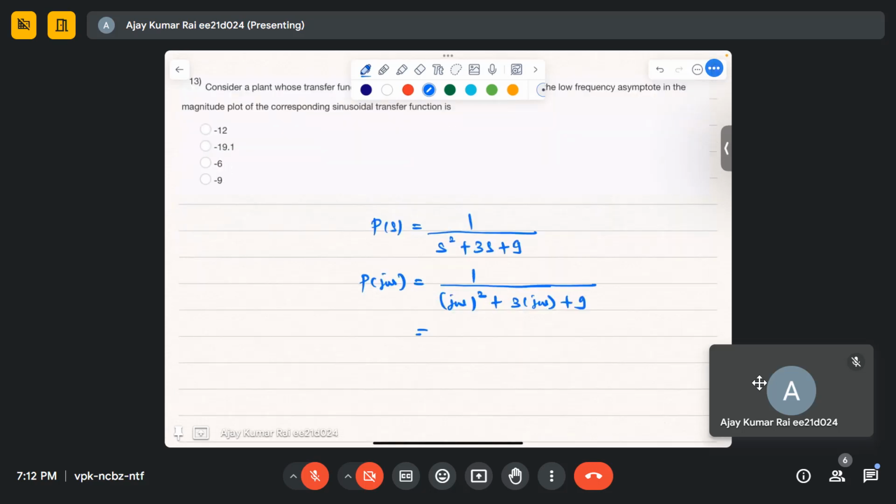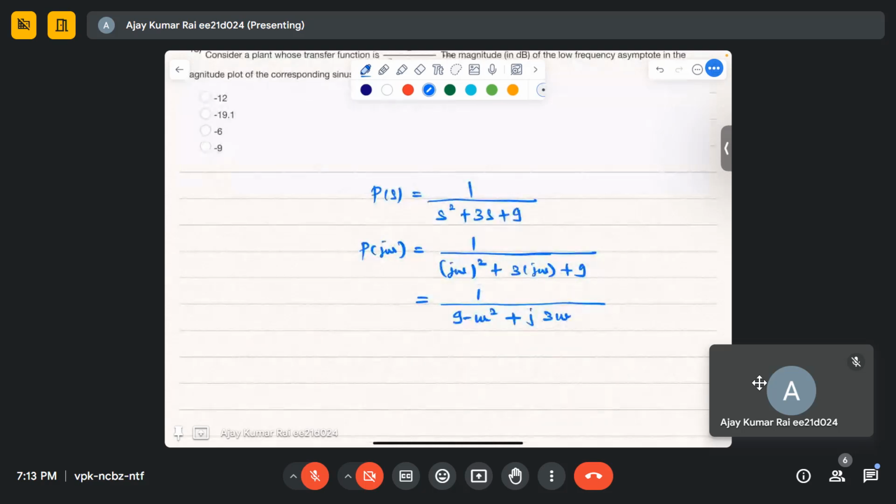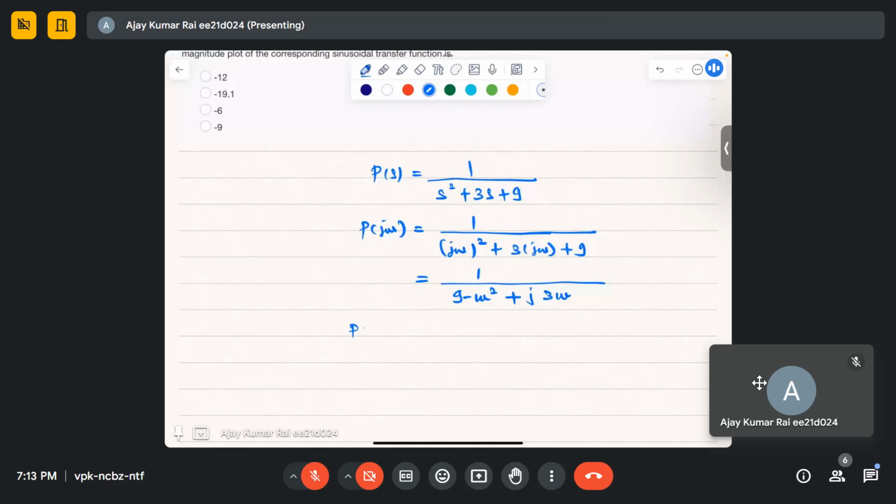What you'll get will be minus omega square plus 9, so I can write 9 minus omega square plus j 3 omega.